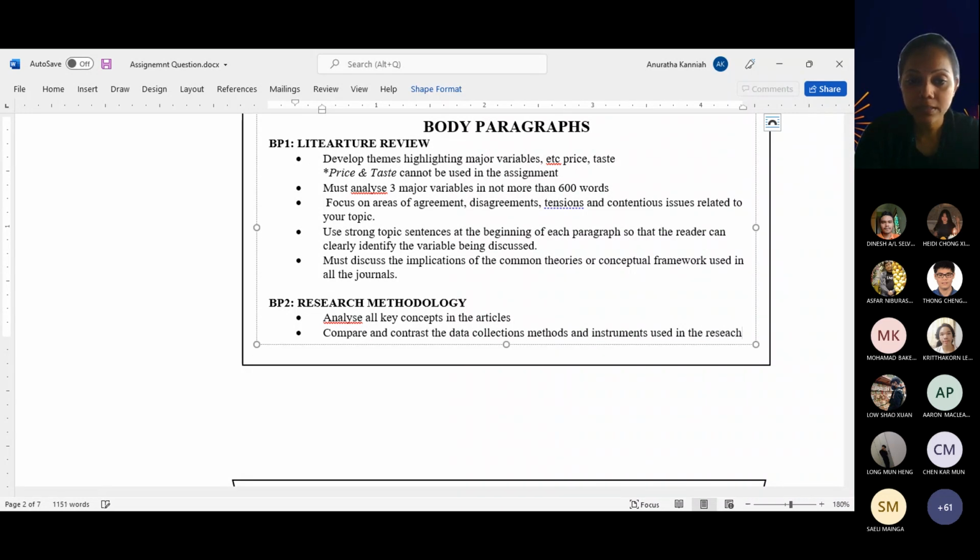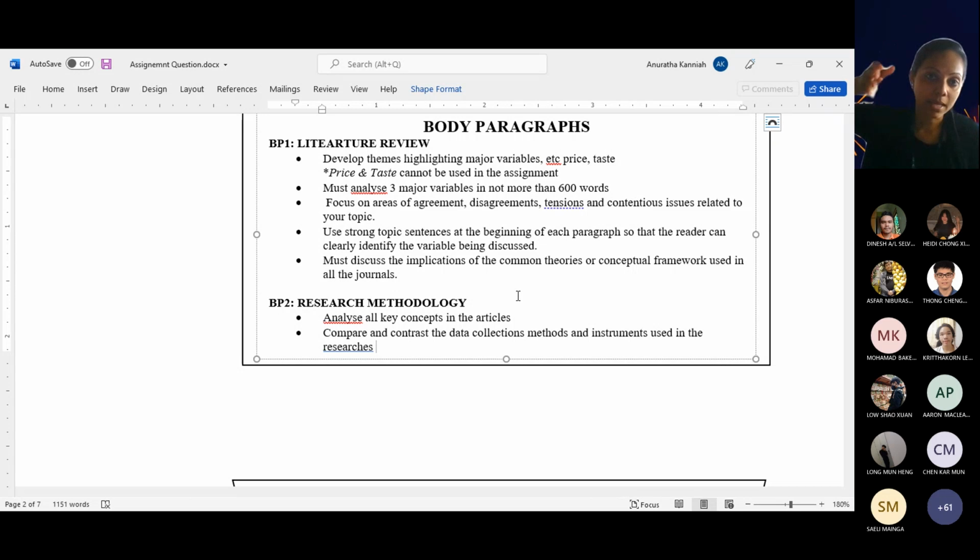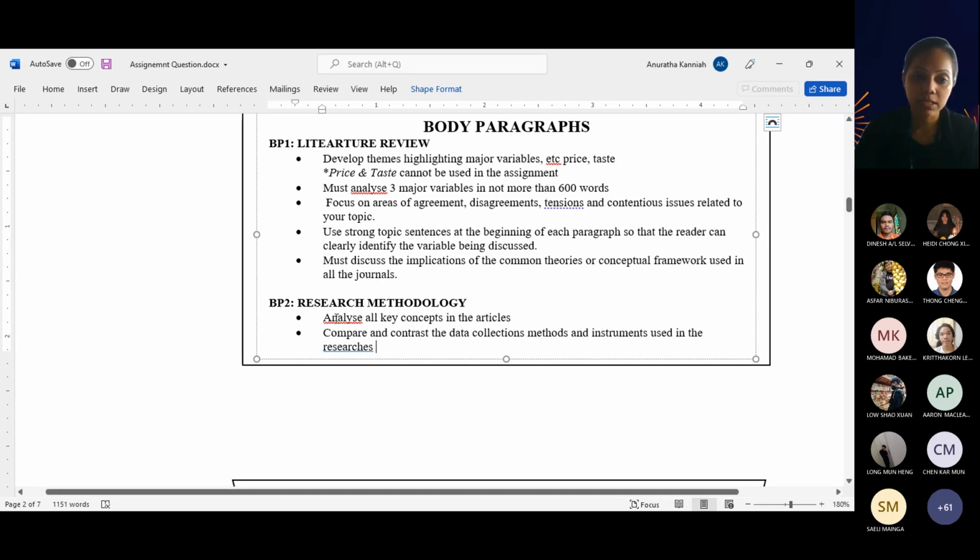What are instruments? Questionnaire. See whether they use questionnaire, survey, Likert scale. That's the reason why in the tutorial we looked at the summary. Next week we are going to do this analysis.